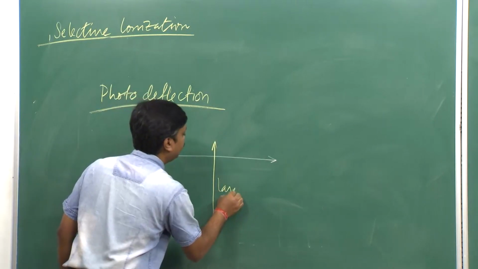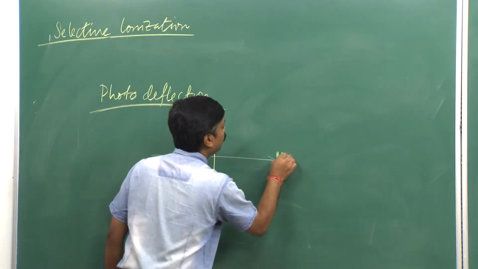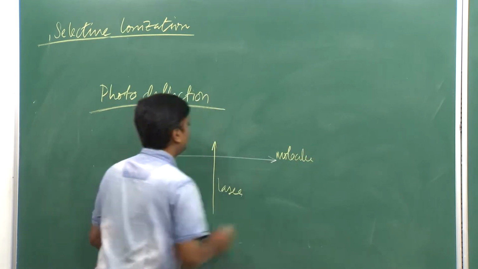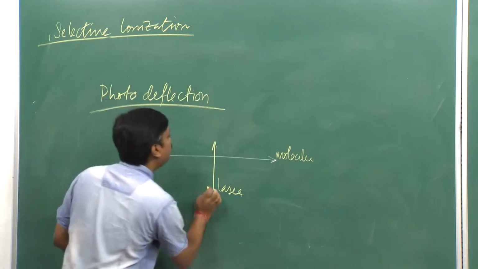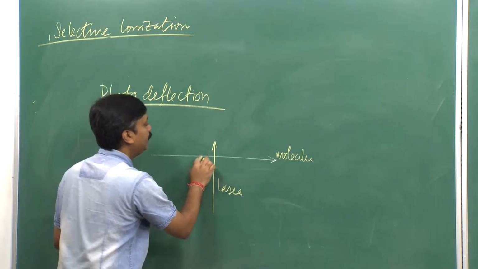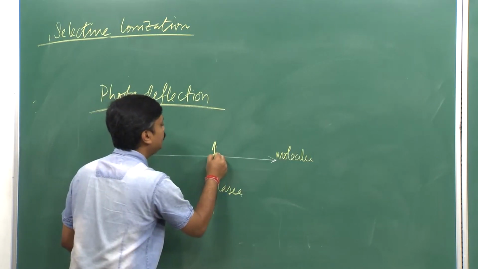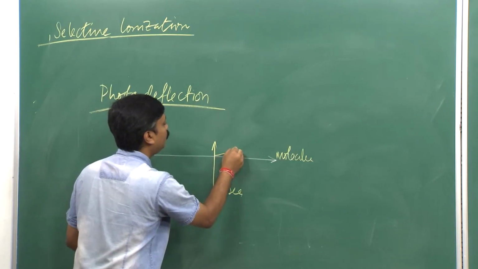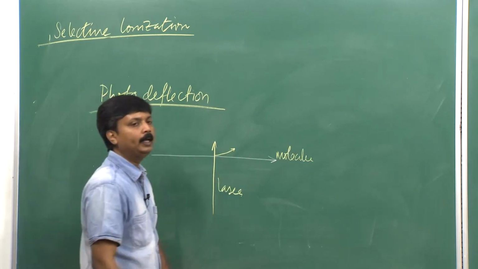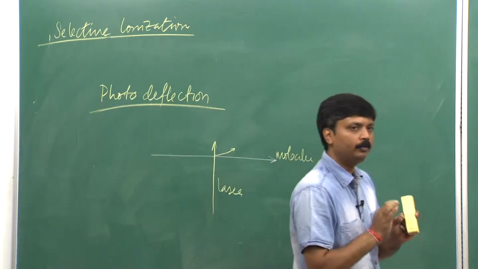So, this is my laser, and these are my molecules containing the isotopes. Then what will happen is that due to the momentum imparted on these molecules going here, they will start deflecting. Okay. So, it involves quite a lot of things.